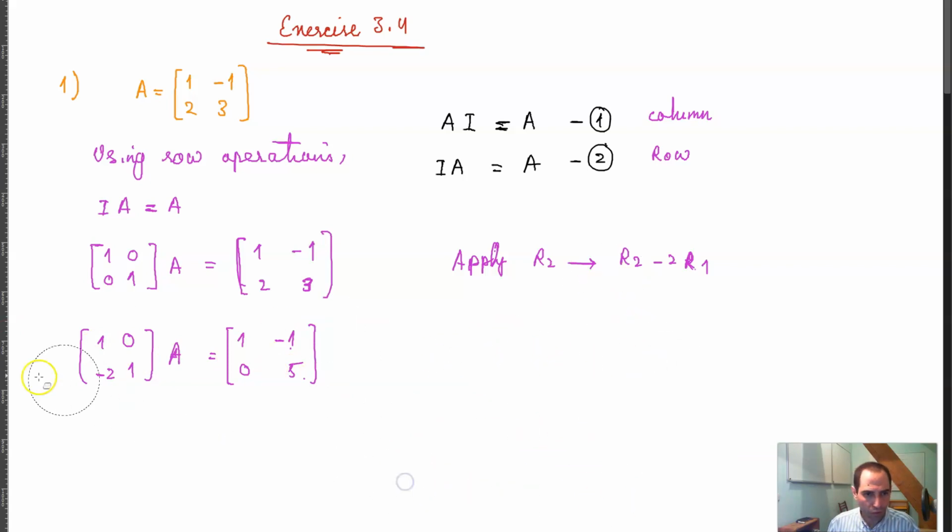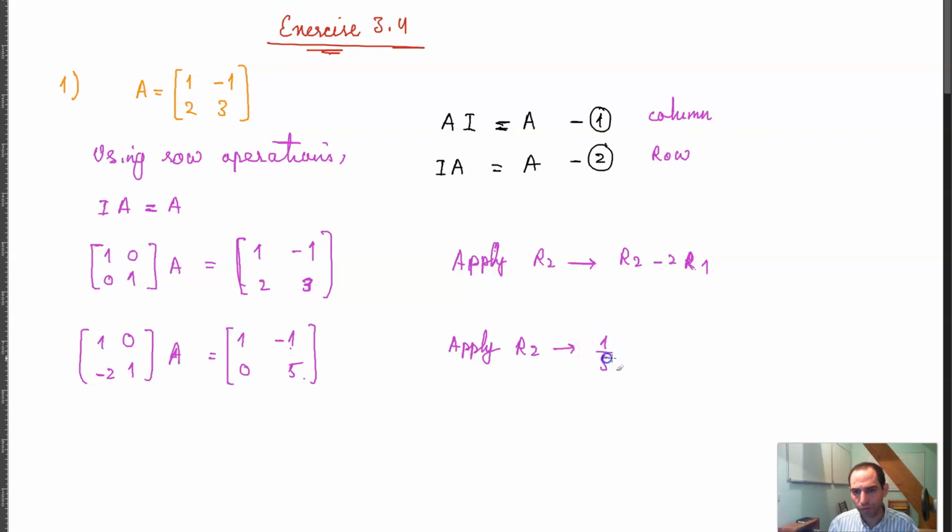Then what I'm going to do is apply R2 becomes 1/5 R2.